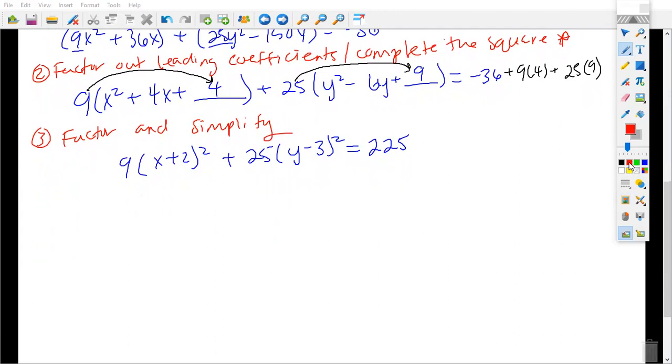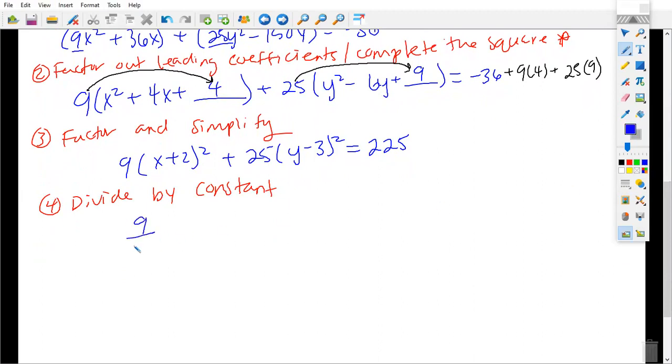All right, the last thing you're going to do is divide so that your right side equals 1. So step 4 is divide by constant. So I divide everything by the constant.